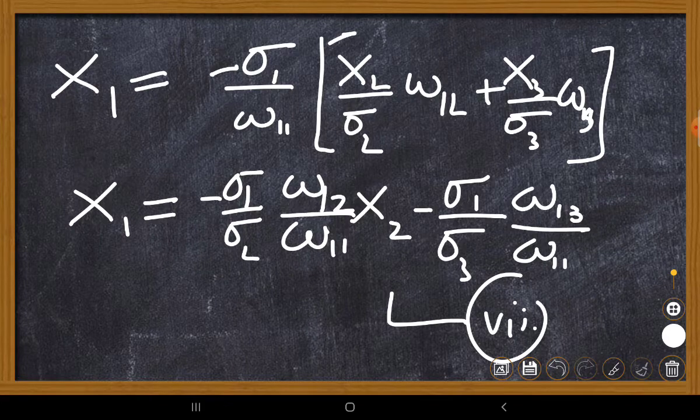If you compare this equation 7 and equation 1, you can obtain an estimate of b12.3 and b13.2.